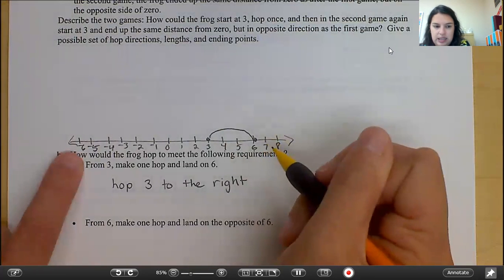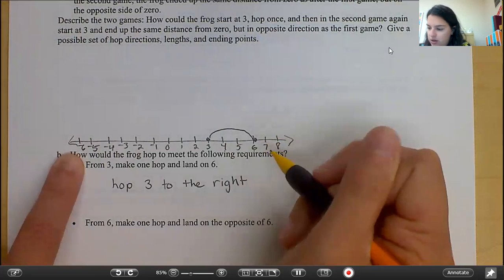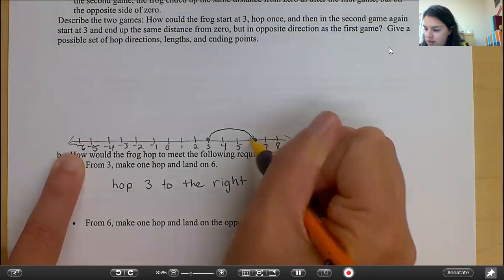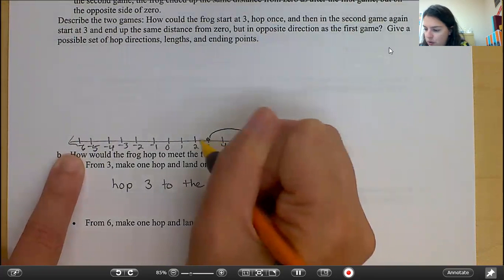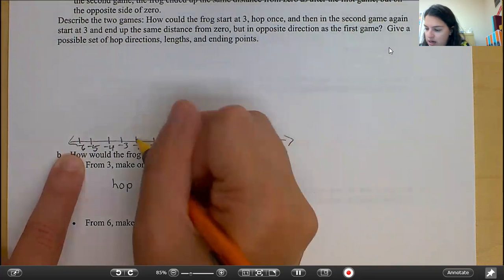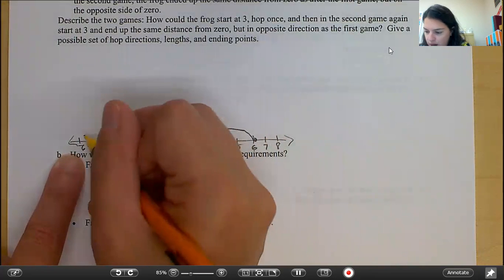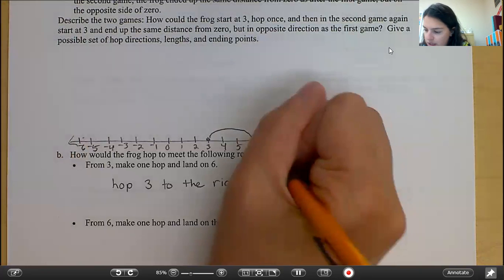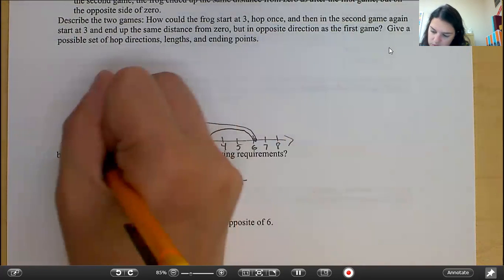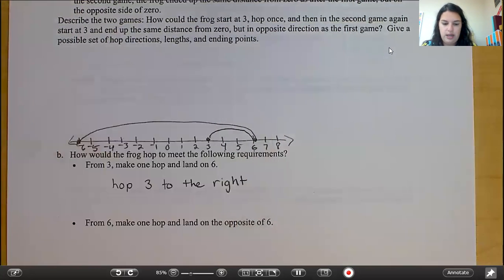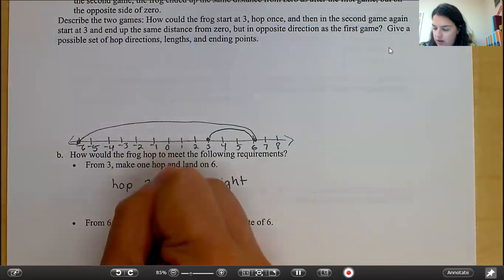So the opposite of 6 is -6, which is all the way down here. So let's see how many we would need to do. 1, 2, 3, 4, 5, 6, 7, 8, 9, 10, 11, 12. So he would need to hop all the way down to get to the opposite of 6, which is negative 6, he would need to hop left 12.